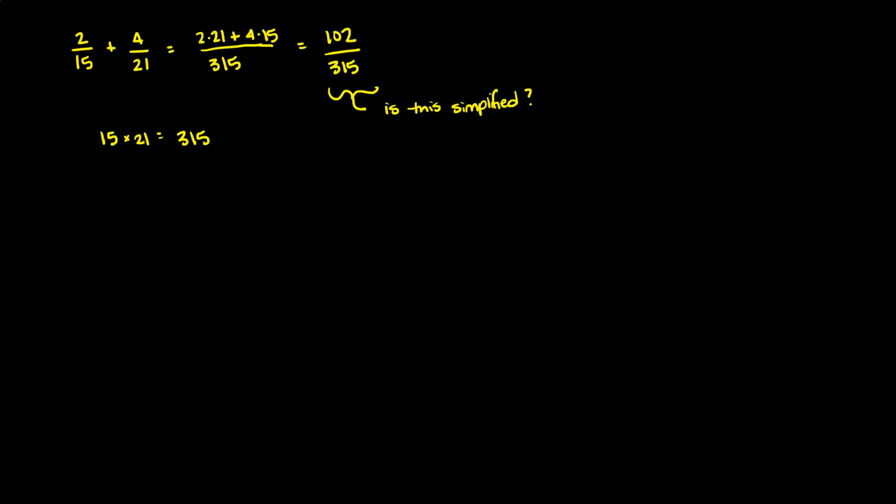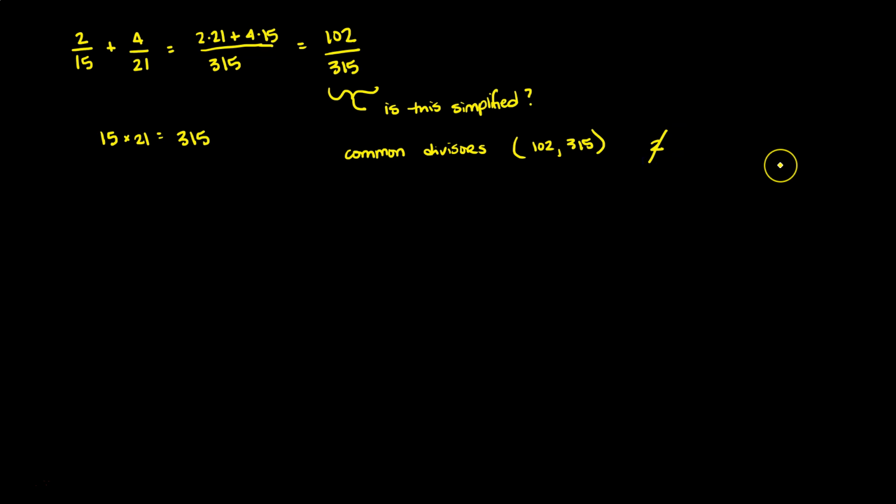So what we could do is check to see if there's any common divisors. If the numerator and the denominator have a common divisor, then I can just divide it out. Now I can see that the numerator is even, the denominator is odd, so I know that 2 cannot be a common divisor.